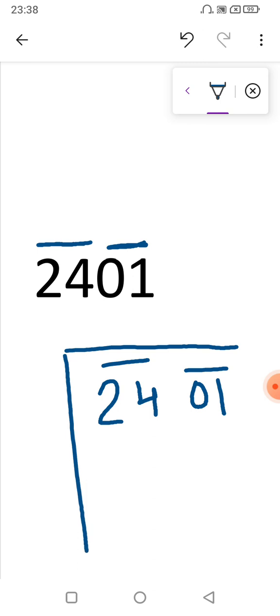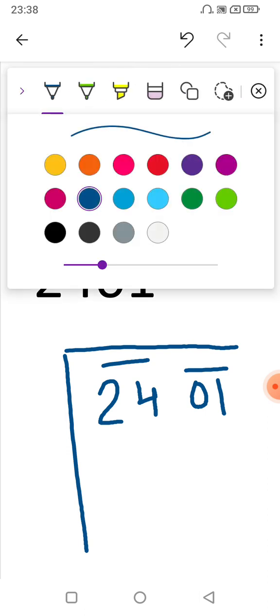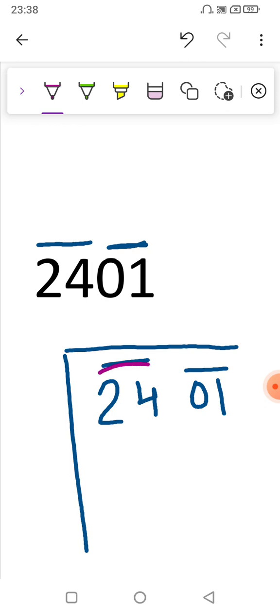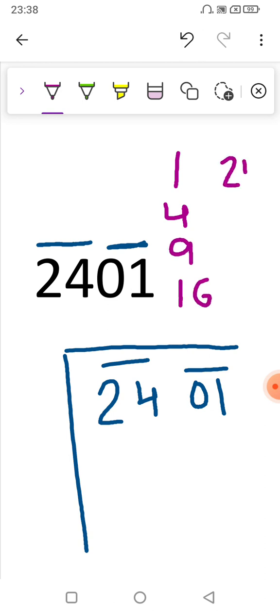Now you see, the first pair over here is 24. You have to think of such a number, the square of which is closest to 24. Closest, smallest, yet the closest. I'll tell you what I mean. See, 1 square is 1, 2 square is 4, 3 square is 9, 4 square is 16, 5 square is 25.